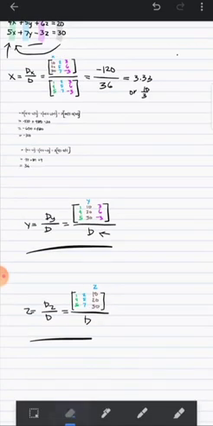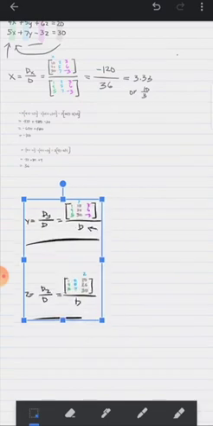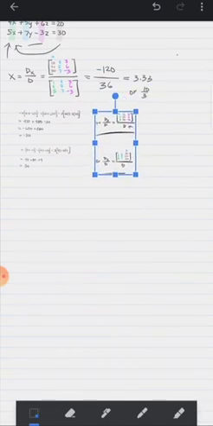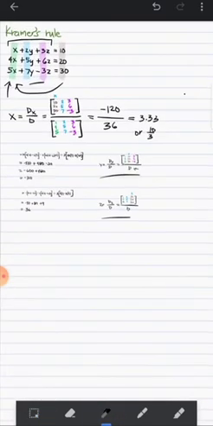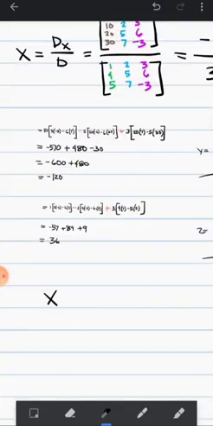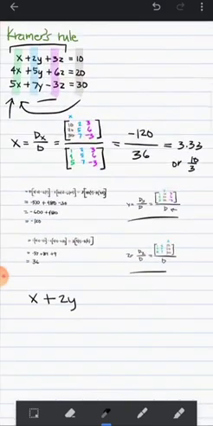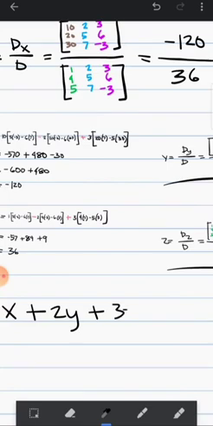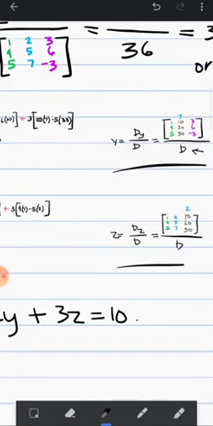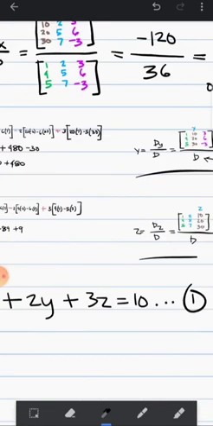And just to check whether our answer is correct, let's check it with the elimination method we learned. So let's rewrite x plus 2y plus 3z is equal to 10, and I'll mark it as equation 1.